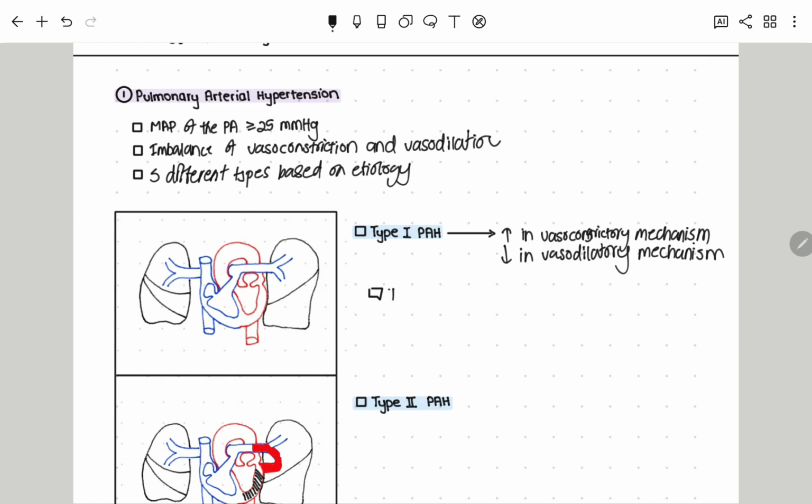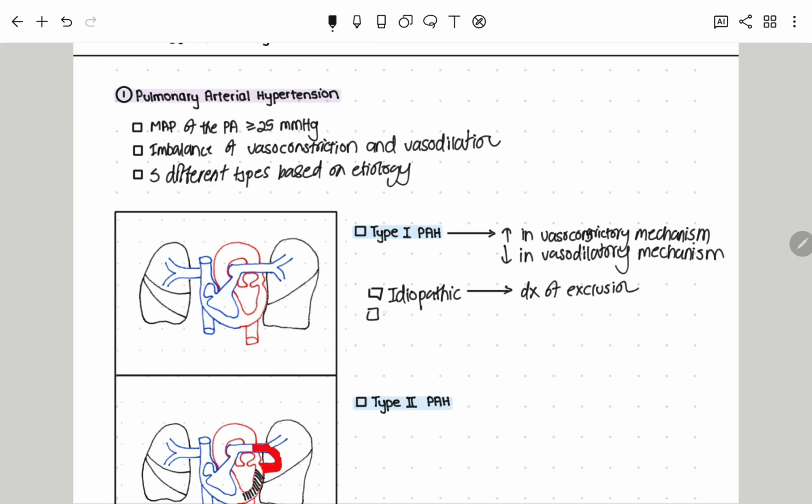First one is it can be completely idiopathic. And to classify the disease process as idiopathic, this is normally done as a diagnosis of exclusion. So once all of the other causes of pulmonary hypertension that we are going to discuss in the next few minutes are completely ruled out, that is when you say that the disease process is idiopathic. There is no identifiable cause.